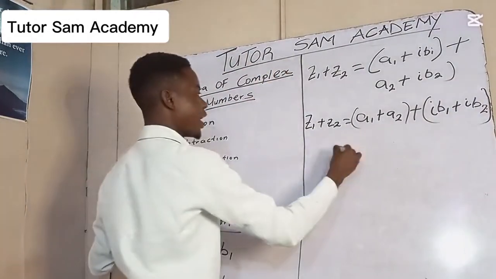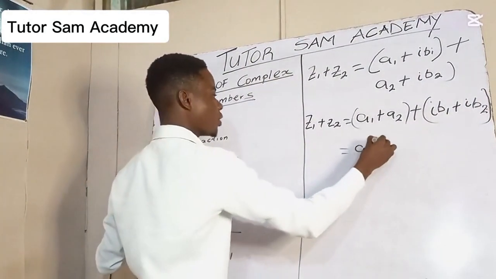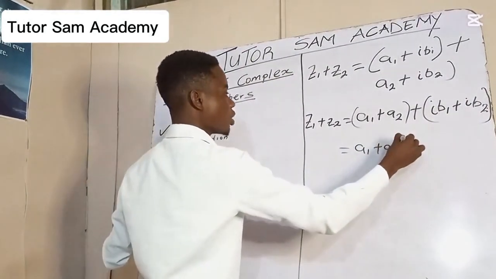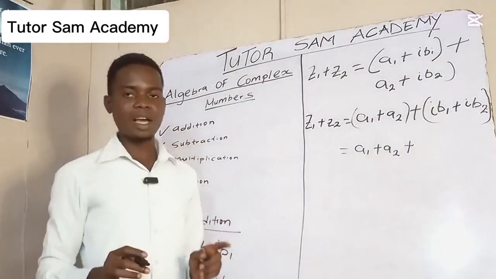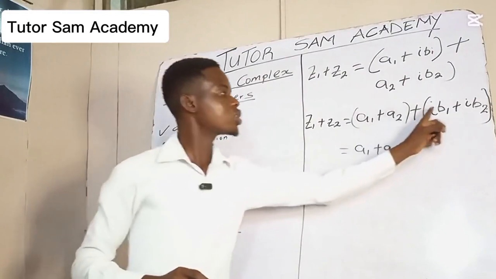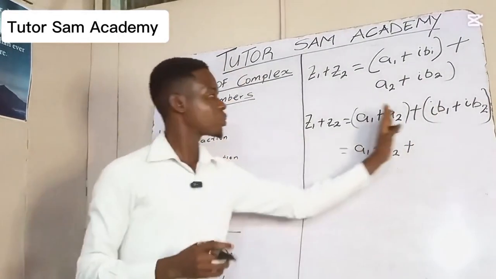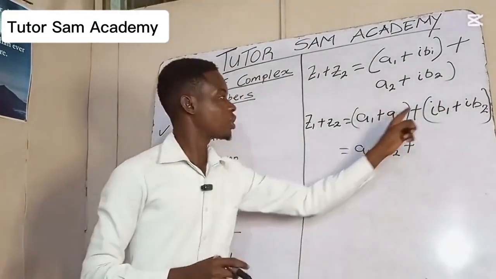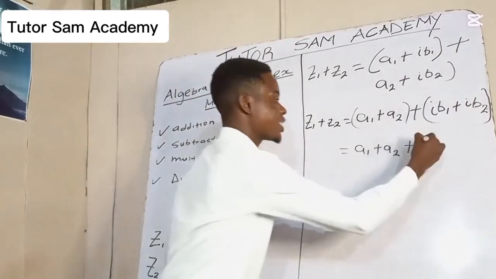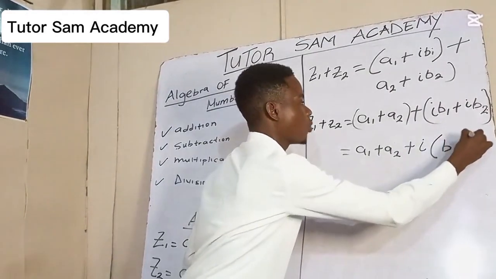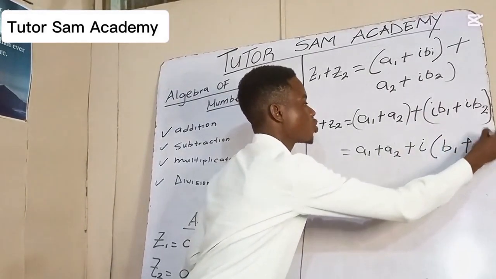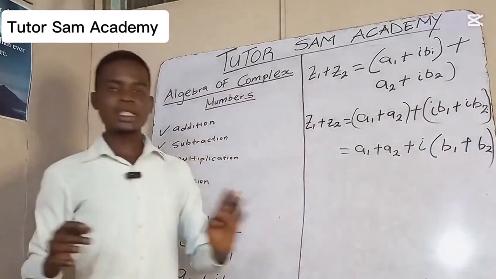So from here, you have A1 plus A2, then plus. If you notice, I is common to both of them, so I can factorize it out. Factorization means what is common to both of them, bring it out, then write the other part. I is here, so I can have I times B1 plus B2. So this is how you add complex numbers.